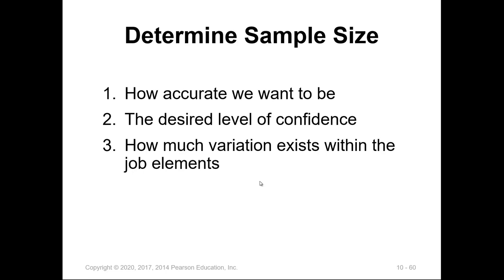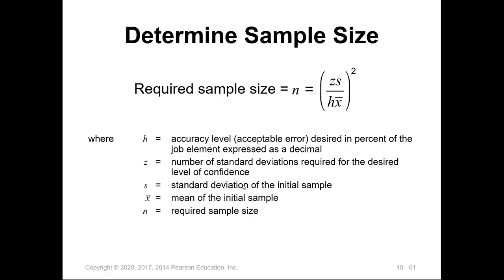In addition, it will be based on how much variation exists within the job elements. The previous factors can be used to calculate the required sample size through use of the formula in this slide.